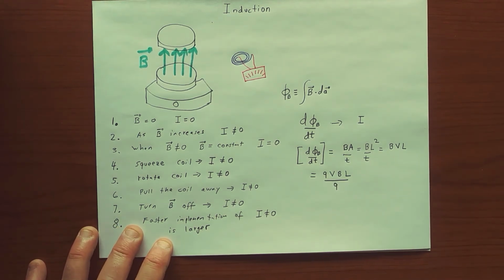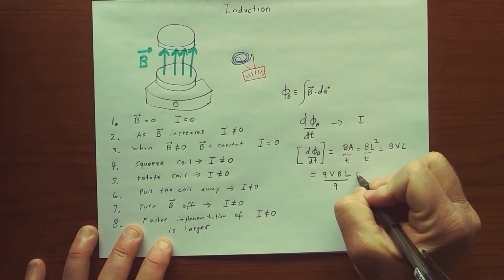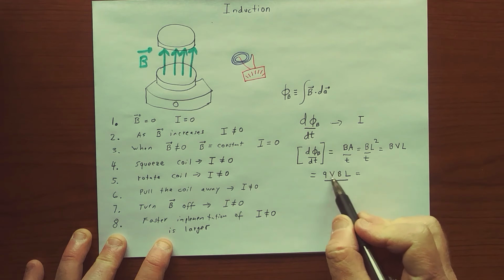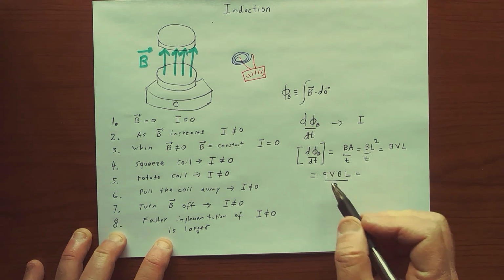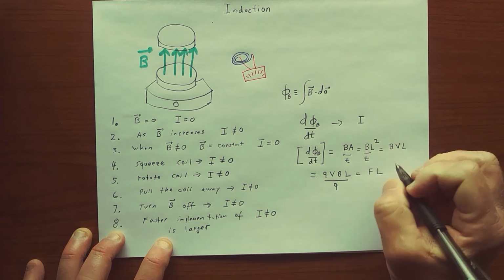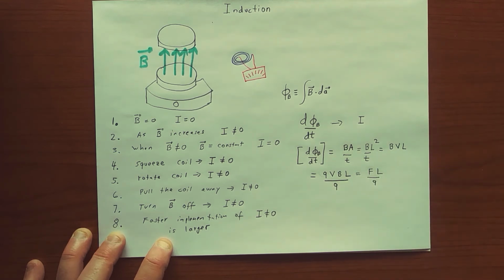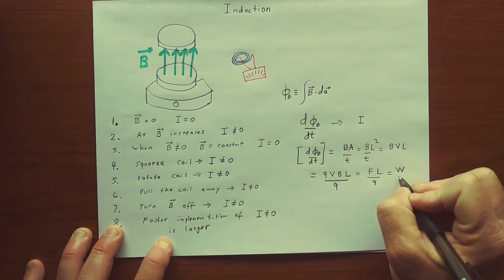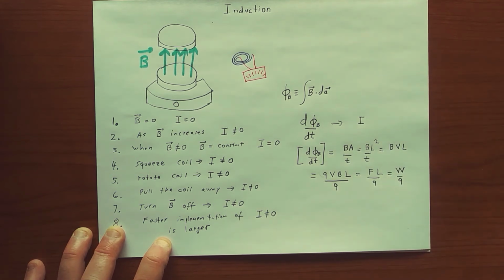So I haven't done anything to the expression, but now notice that this part here, QVB, that's force, that's magnetic force, so I have force times distance over charge, and that's a work that has dimensions of work per unit charge.